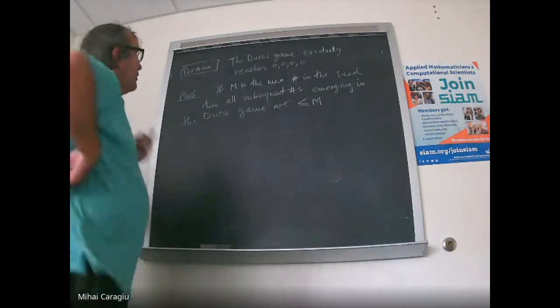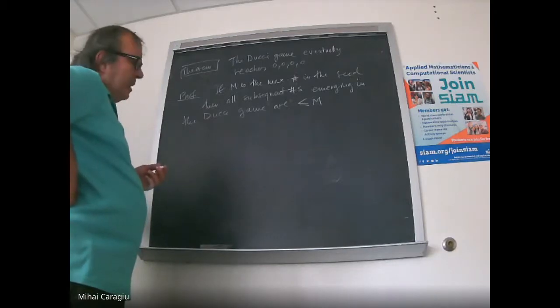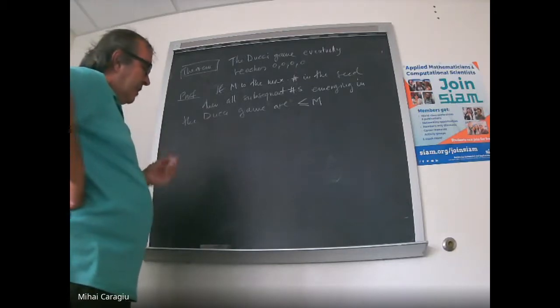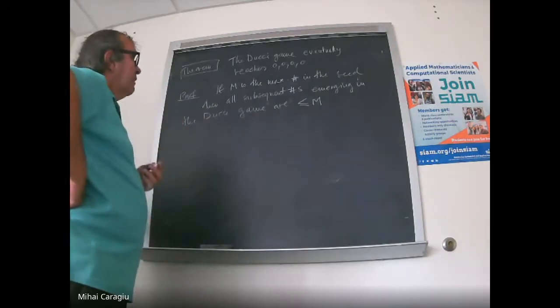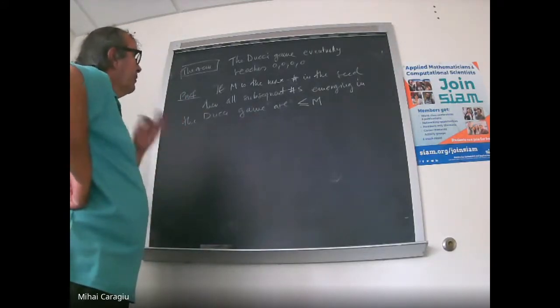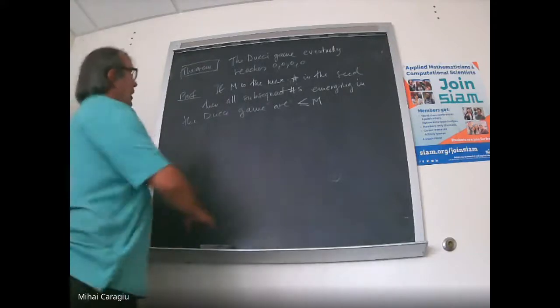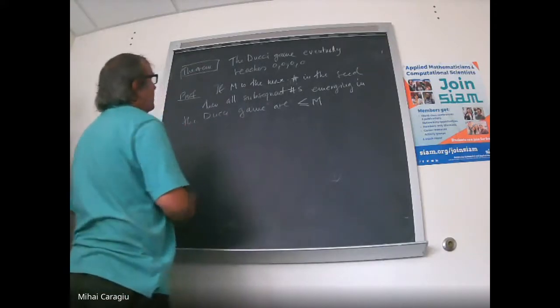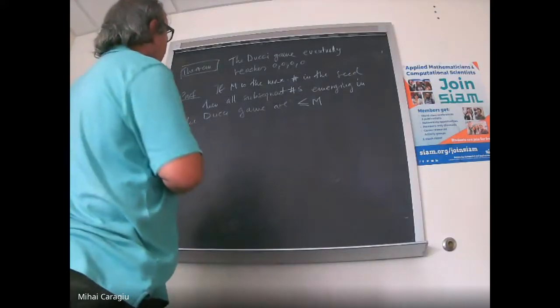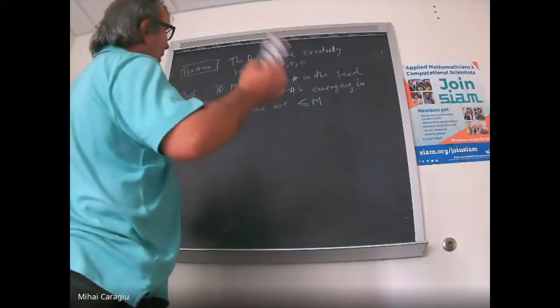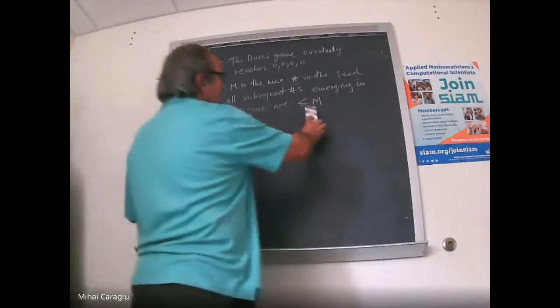Okay, like in the previous problem, the biggest number in the first row was 40. So all the subsequent numbers in the Ducci game are 40 or less. Okay, so that's the first important result. So all the numbers are bounded from above by a unique quantity, n.